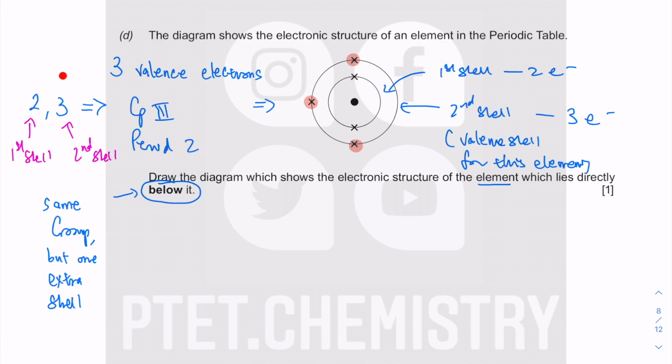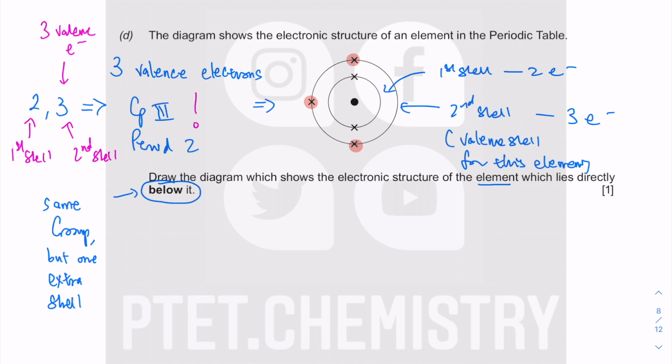It has 3 electrons in the outermost shell, so it's got 3 valence electrons, therefore group 3. Group number tells you how many outer shell electrons you have, valence electrons. Period number tells you up until what shell you have electrons in.